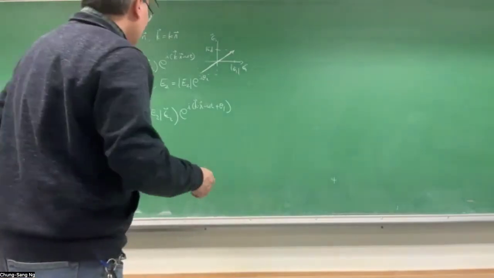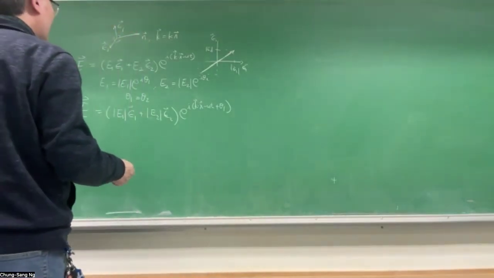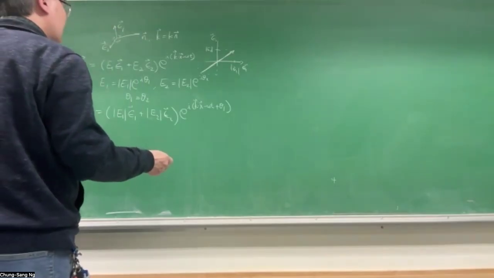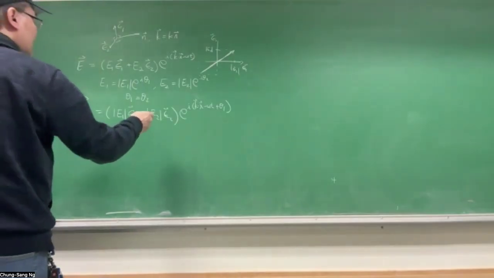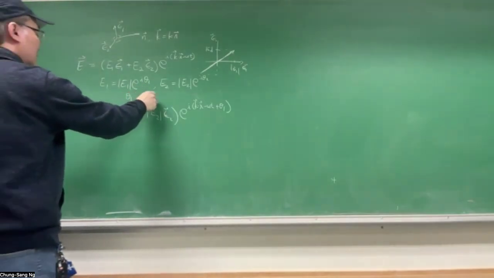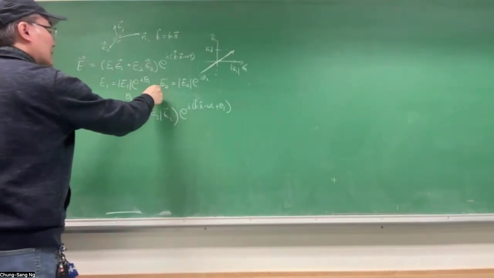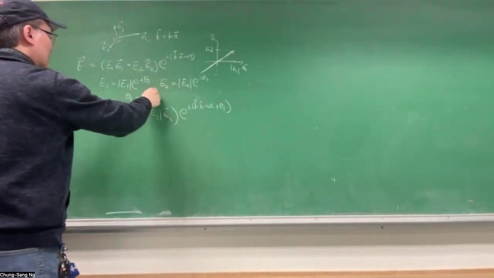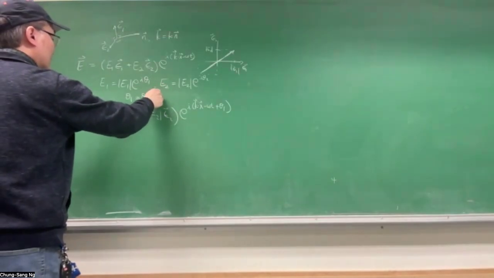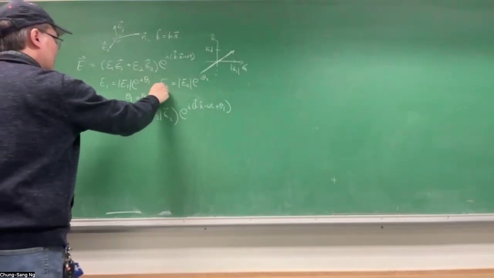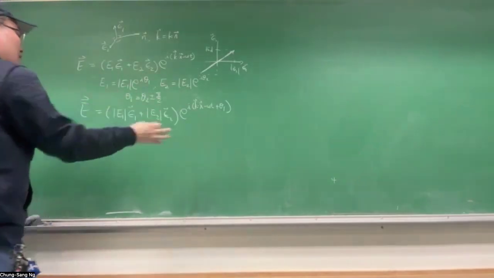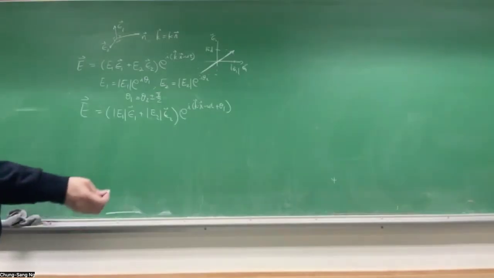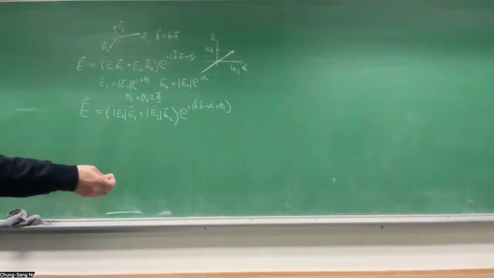All right, so far so good. Now the second case is circular polarization. Now instead of theta 1 equal to theta 2, we actually add a phase difference of plus or minus pi over 2. Because you have plus or minus, it doesn't matter, they cover everything.